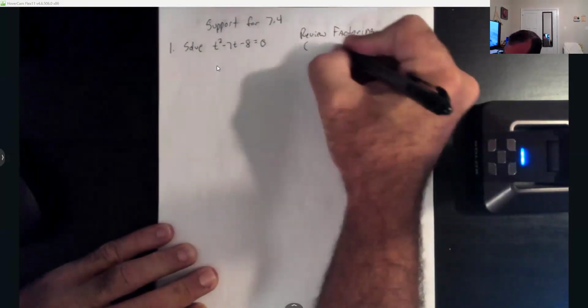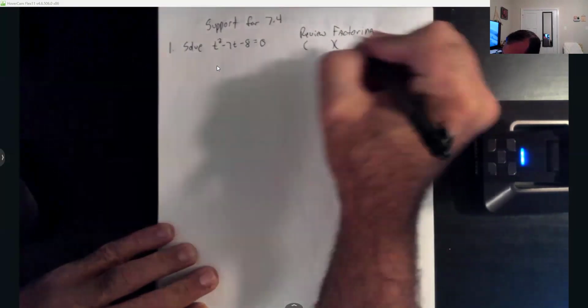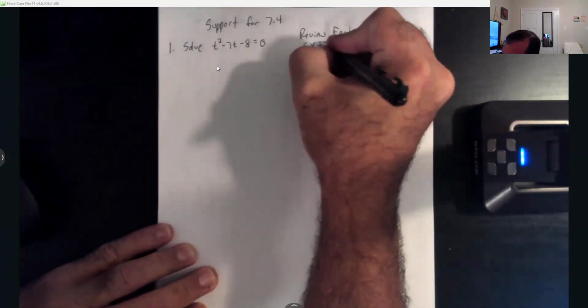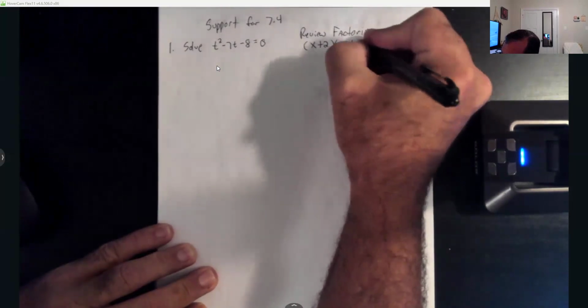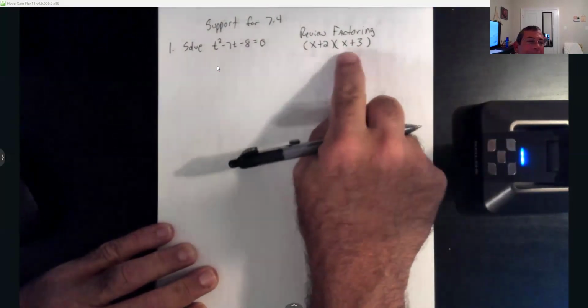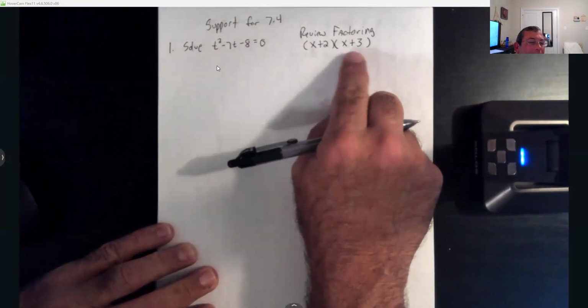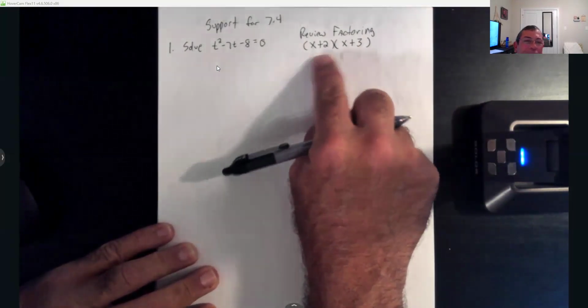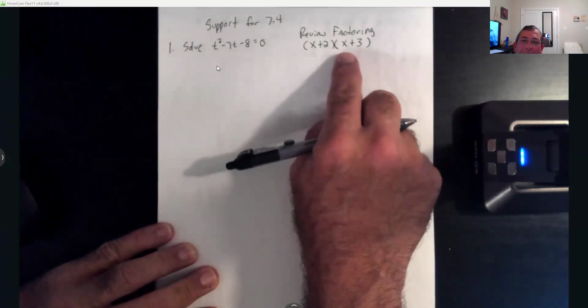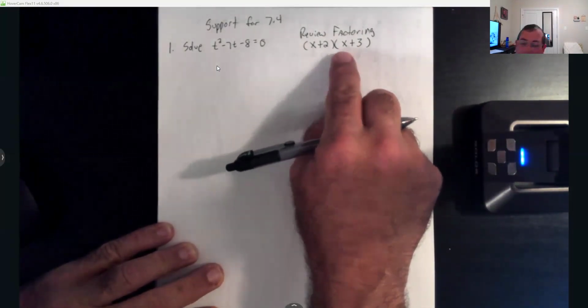So y'all, remember foiling this kind of stuff? We foiled this in section 2.4 when we did the multiplying. So we're going to foil this.